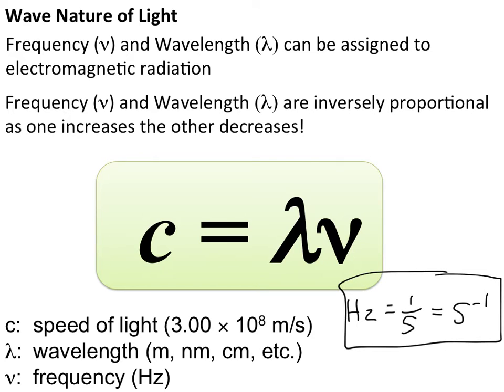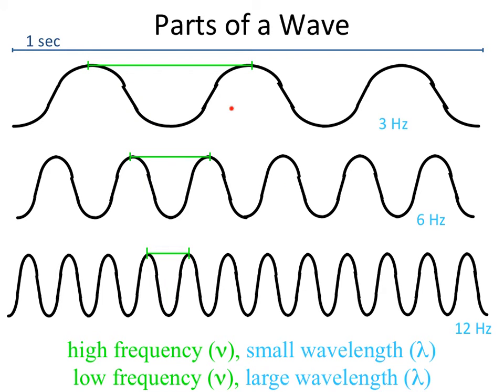And let's go ahead and look at a little bit better diagramming of this inverse relationship that we see between frequency and wavelength. So if we look at these waves here, I want you to actually visualize how this inverse relationship between your frequency and wavelength exhibits itself.